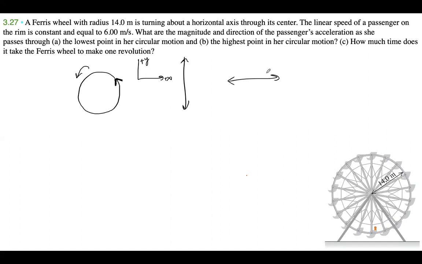And when we have circular motion, we have acceleration and we have some velocity. And again, there's a pattern to this. So what does acceleration look like in circular motion? What direction is it?